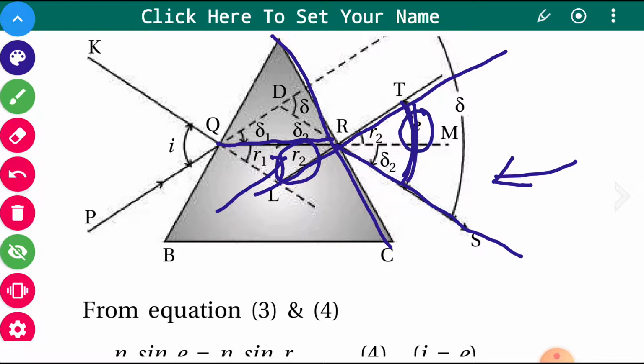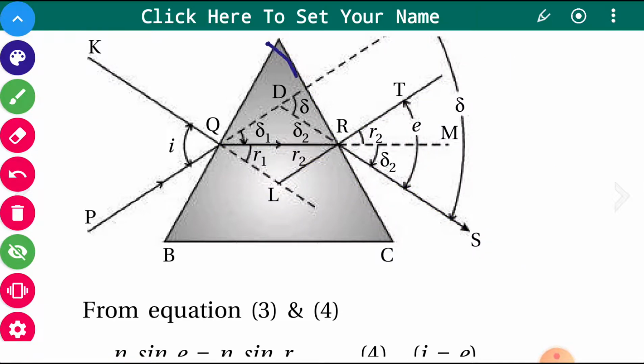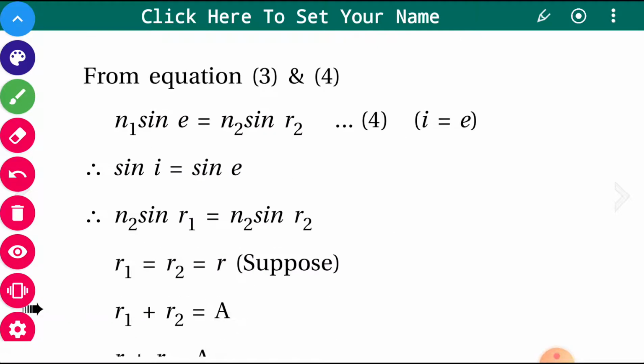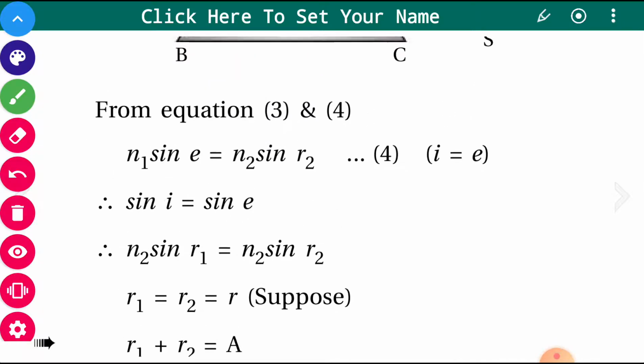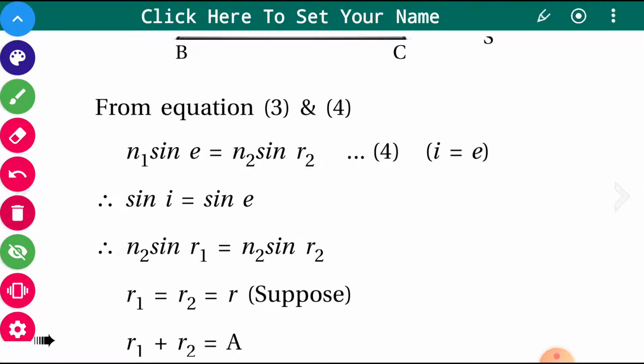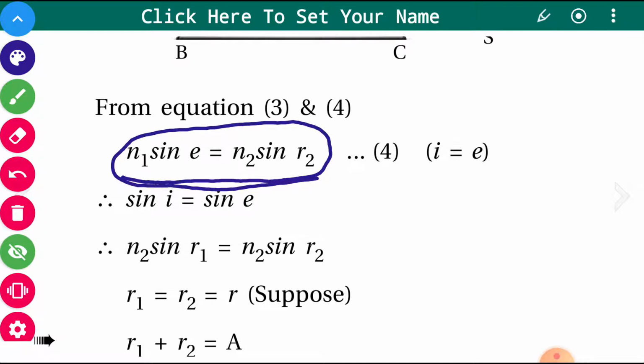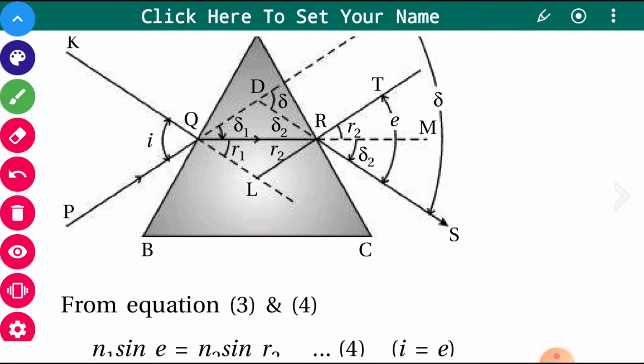For this face, the angle of incidence is R2 and the angle of refraction is E. So we can apply Snell's law at this AC face as N2 sin R2 is equal to N1 sin E.